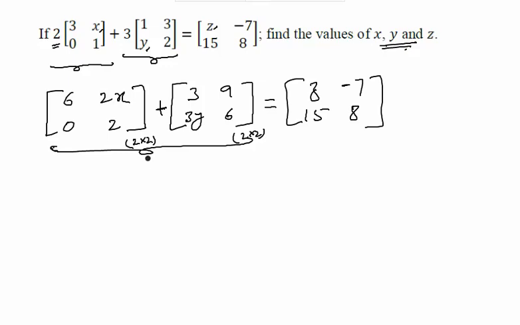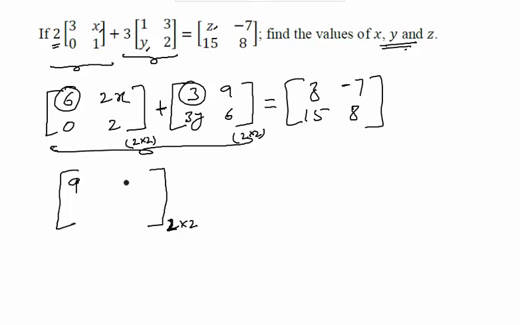But how to add? If you have to add two matrices, then first of all the new matrix will again be of the order 2 cross 2, and it will have elements which are the sum of corresponding elements, right? Which means that the first element should become 6 plus 3, which is 9.